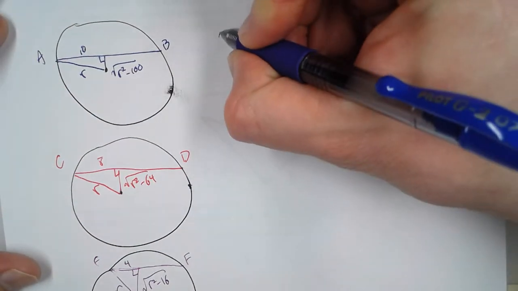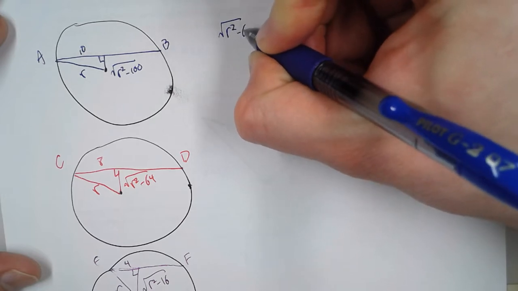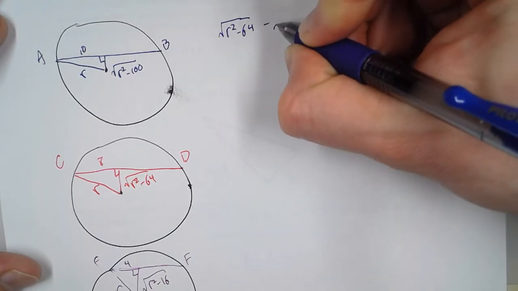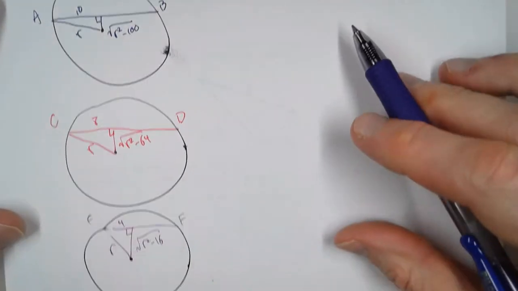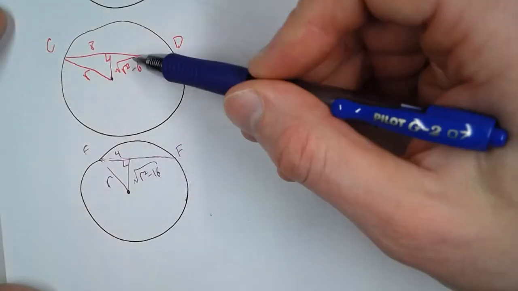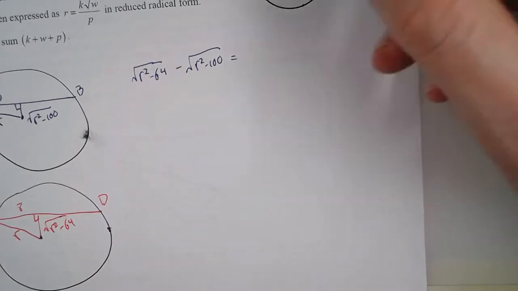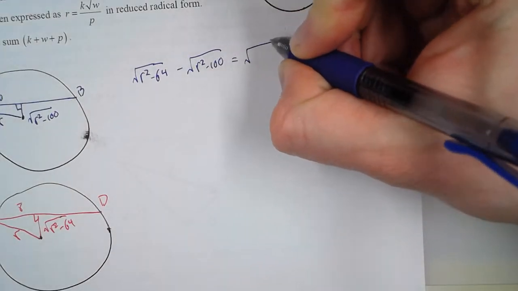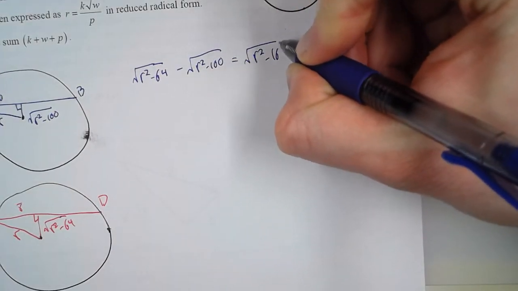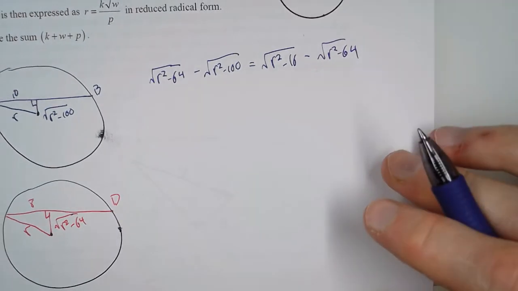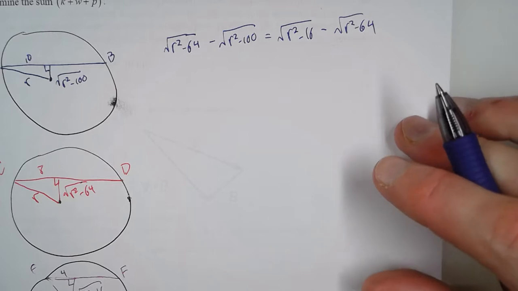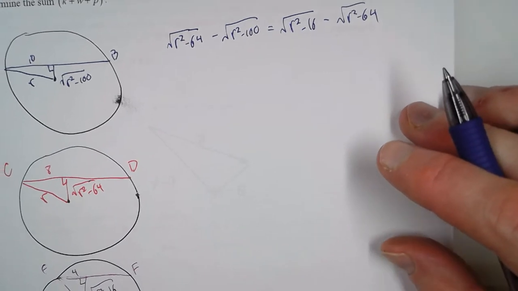We're going to say square root of r squared minus 64 minus the square root of r squared minus 100. That's going to be equal to the difference in these distances. So we've got square root of r squared minus 16 minus the square root of r squared minus 64. And so what we have to do now is solve for r.